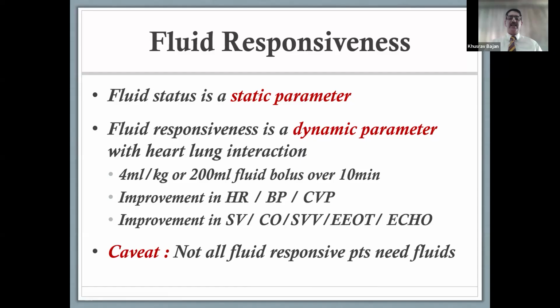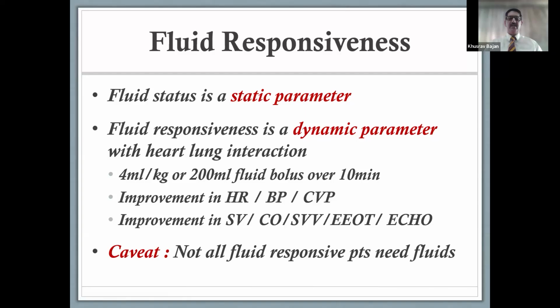But in reality and in making it an advanced tool, we need to see by giving a fluid bolus whether the improvement is extrapolated to the stroke volume, to the cardiac output, to the stroke volume variation, to the end expiratory occlusion test, or even on an echo.